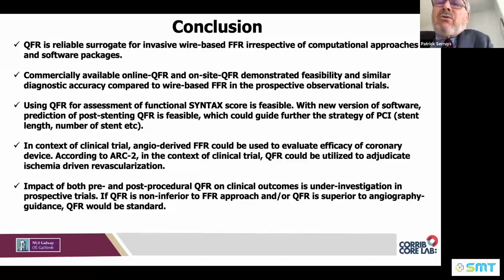The impact of both pre- and post-procedure QFR on clinical outcome is under investigation, but we already have good information. A prospective trial will be done, and if QFR is non-inferior to the FFR approach, and or if QFR is superior to angiography guidance, QFR would become the standard very soon.